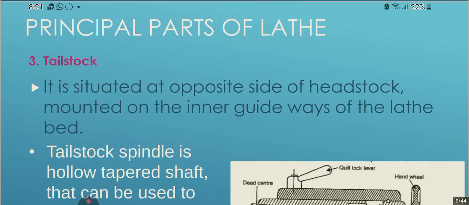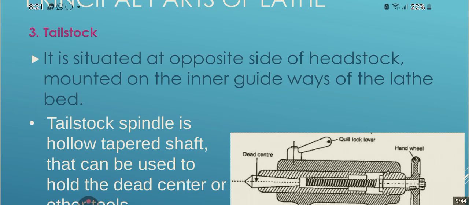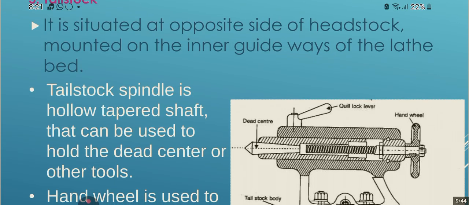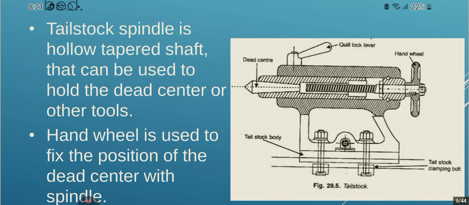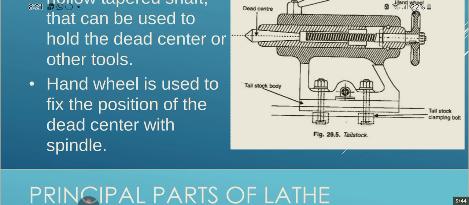And the tailstock is situated at the opposite end of the headstock, mounted on the inner guideways of the lathe bed. The tailstock spindle is a hollow tapered shaft that can be used to hold the dead center or other tools. And a wheel is used to fix the position of the dead center with the spindle.